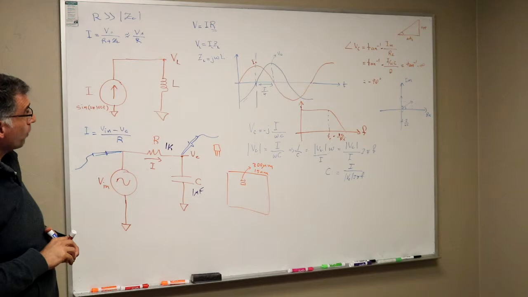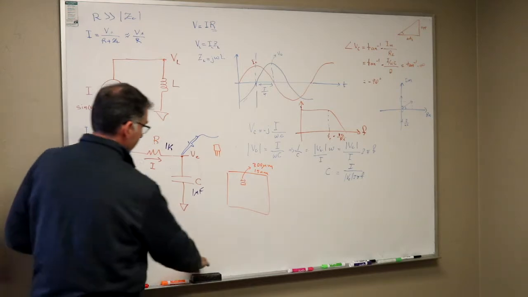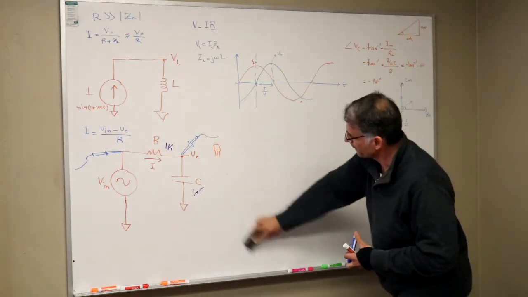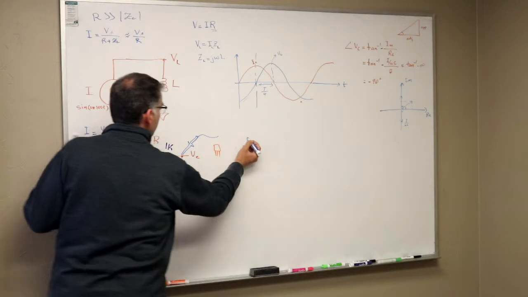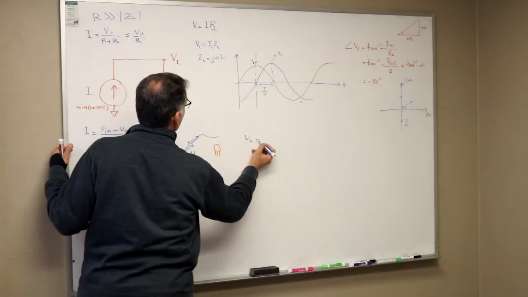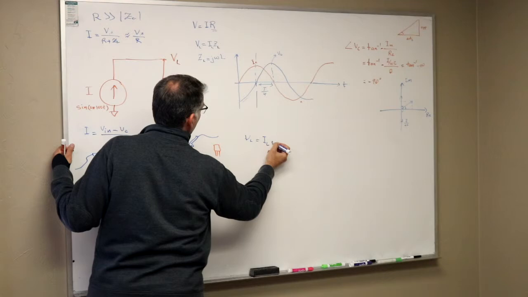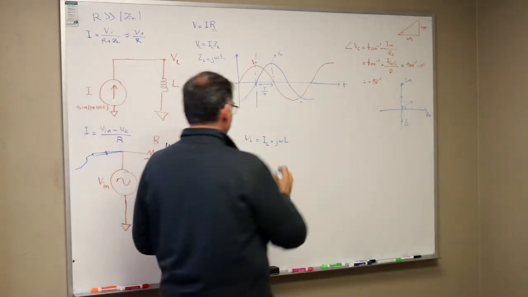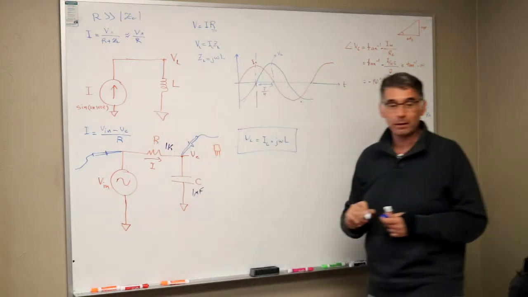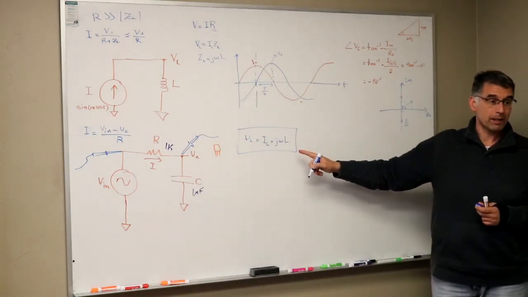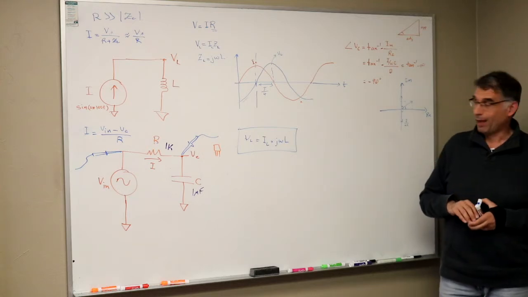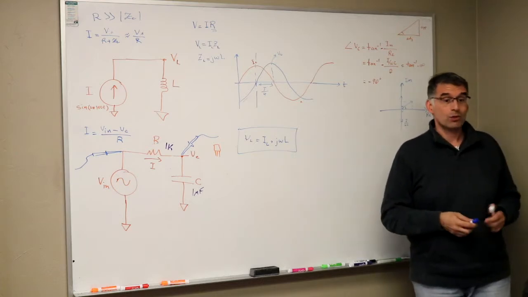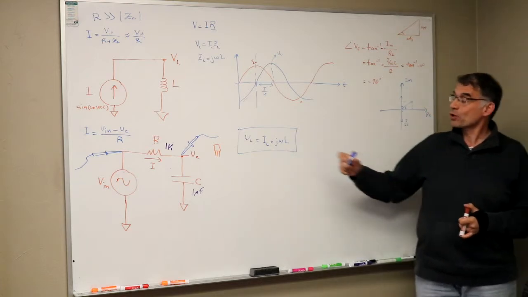So if you look at that, VL now is equal to IL times J omega L. Is that a complex number? Yeah, it actually has only the imaginary part. The real part, again, is 0. So it's an imaginary number, right?